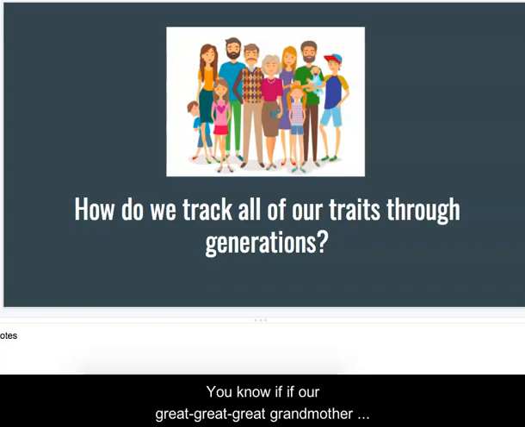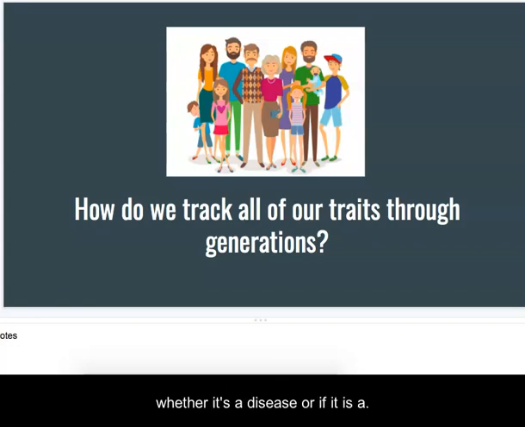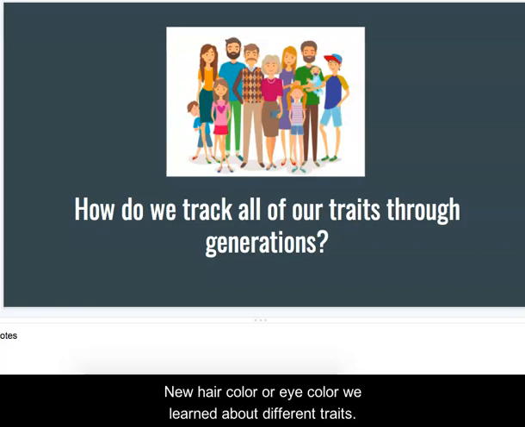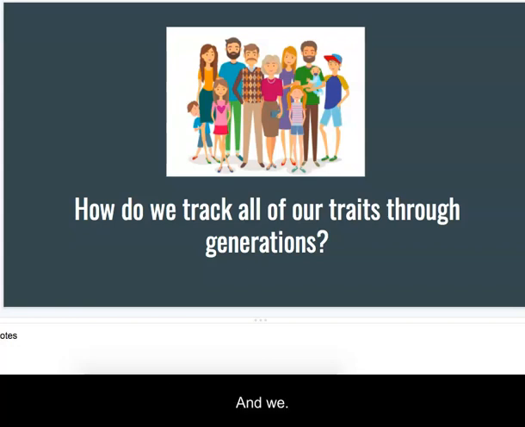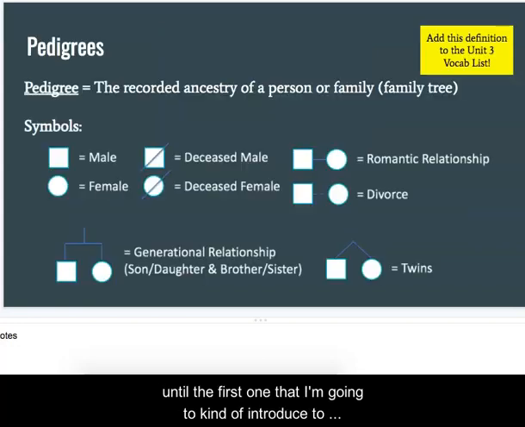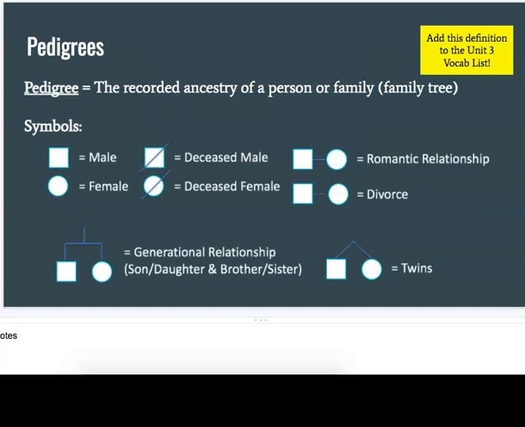If our great-great-great-grandmother had something, we can track that particular trait, whether it's a disease, hair color, or eye color. We learned about different traits, and we can track them through families in a number of ways. The first one that I'm going to introduce to you is the idea of a pedigree.